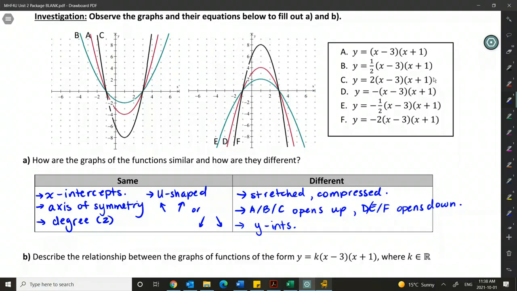Clayton? Oh, the vertex is different. The x of the vertex is the same for all of them, because they're all on the same axis of symmetry at 1, but the y of the vertex is different. So maybe we could even make that distinction. The x is the same, but the y coordinate of the vertex is different.